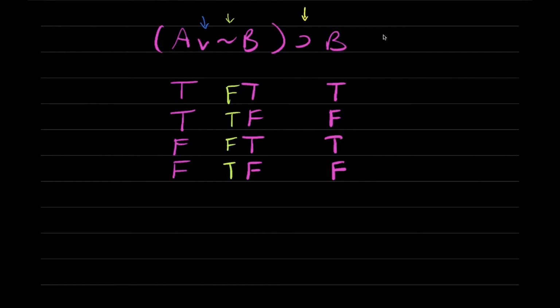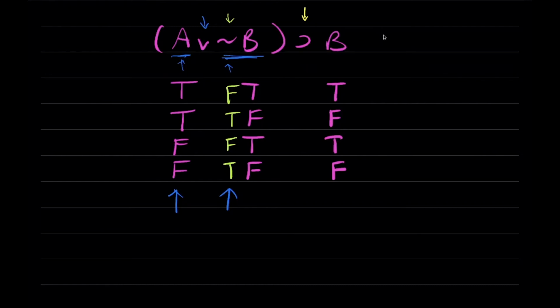The two things that are connected by this wedge are A and not B. So if we're going to figure out the value of that disjunction, that wedge, we need to look at the values under A, and we need to look at the values underneath that tilde, because that tilde represents the value for not B. So in other words, we're going to be looking at this column and this column to figure out the value for the wedge. And if you remember, a wedge is an either or statement. So if at least one of those two disjuncts is true, we're going to end up with a true disjunction.